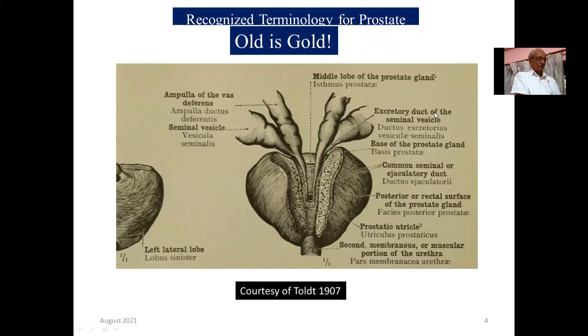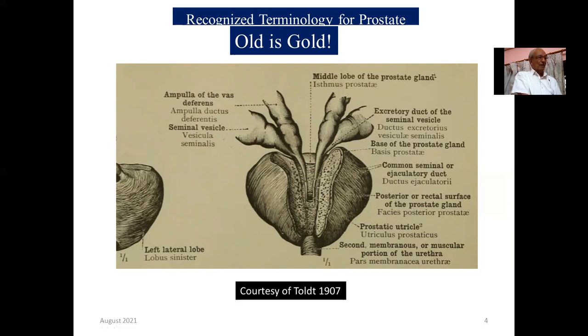Old is gold. Thoth 1907, very nicely depicted the ejaculatory duct. At that time it was called, and we were also using the term, common ejaculatory duct. Note that these ducts are very close to each other. Whenever we take a transverse section of the prostate, we see the ducts very widely separated, and accordingly the zones are modified.